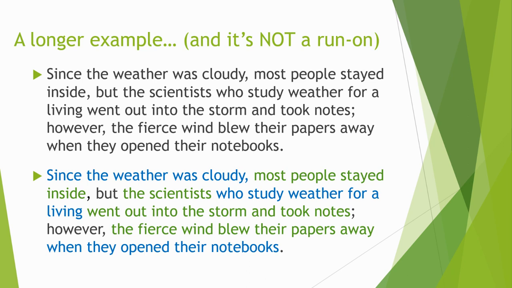The dependent clause is that relative part there that's interrupting it, who study weather for a living. However, the fierce wind blew their papers away, independent clause, when they opened their notebooks, dependent clause. That whole thing is a compound complex sentence.